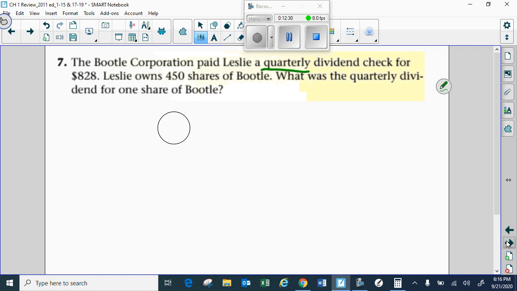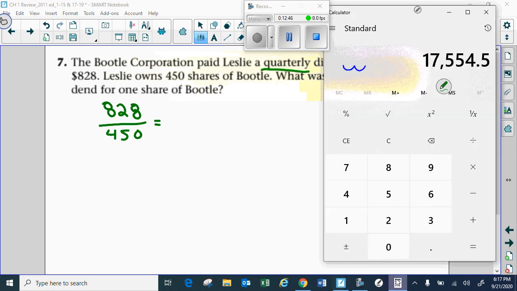So the $828 is what she got for 450 shares. So for 1 share, we have to divide that by how many shares she had, 450. Put that in a calculator. 828 divided by 450. $1.84.